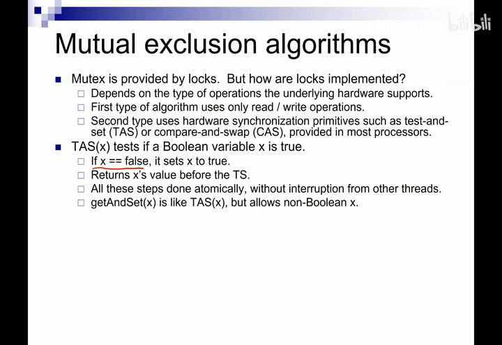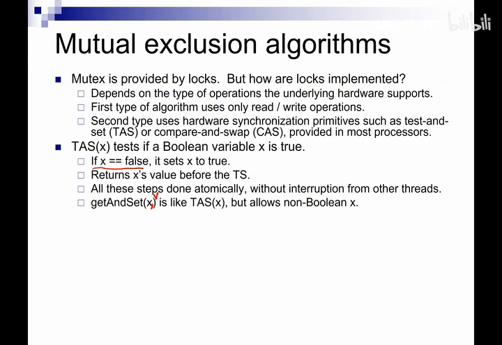There's something similar to test and set, which is get and set. Oh sorry, there should be a value here. So there are two arguments: the variable and a value. Get and set generalizes test and set, because for test and set x is a Boolean variable, either true or false, whereas for get and set, x can have any value, let's say an integer.